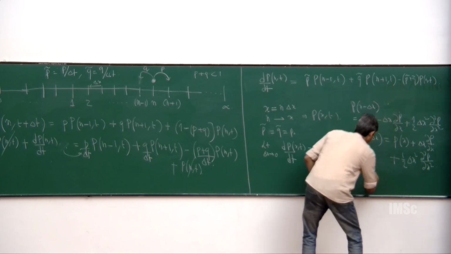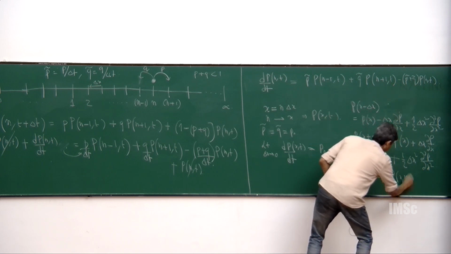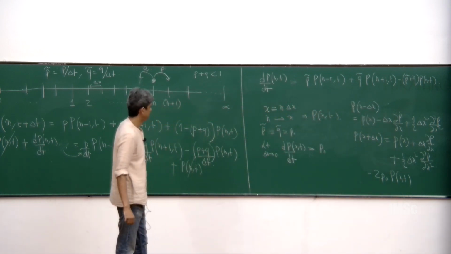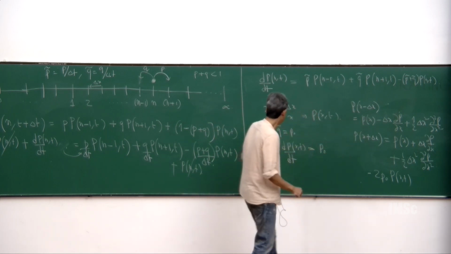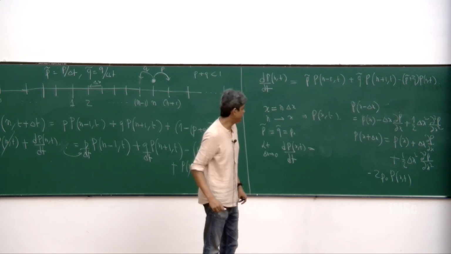And of course, we have this minus 2 p0 p of x, t. If I put all this in this equation, can you tell me what we will get in leading order?